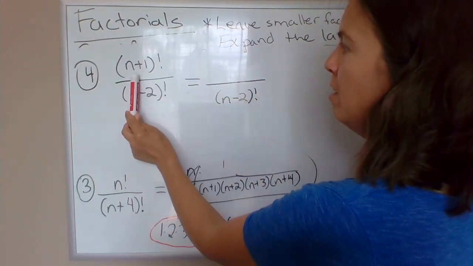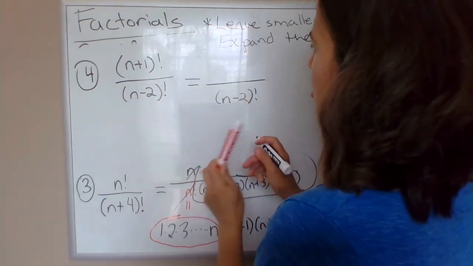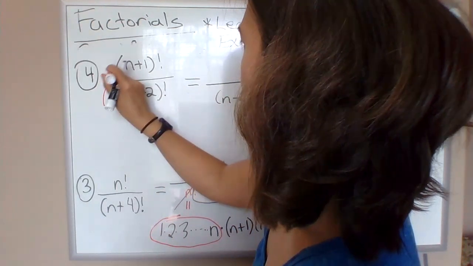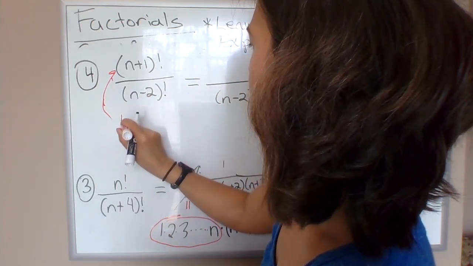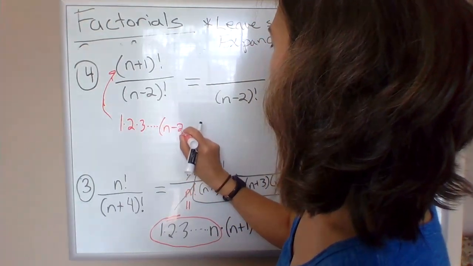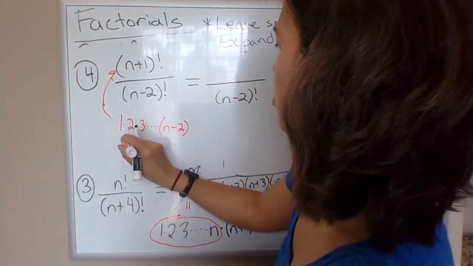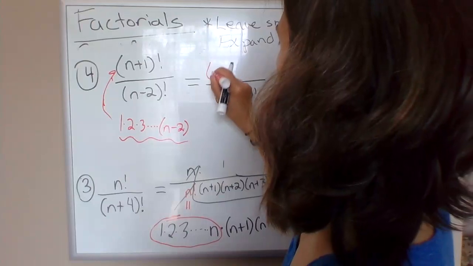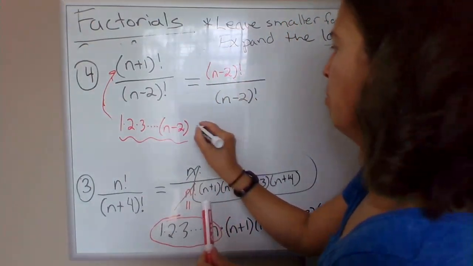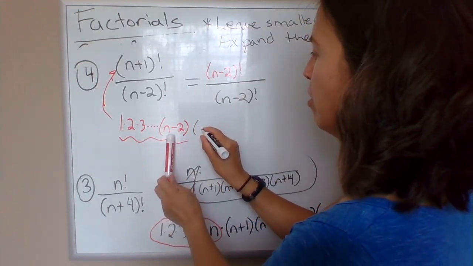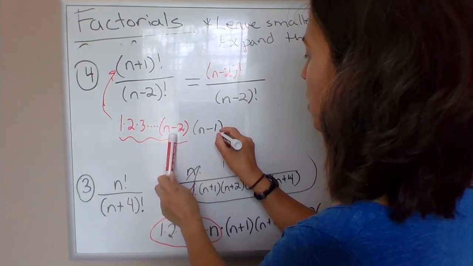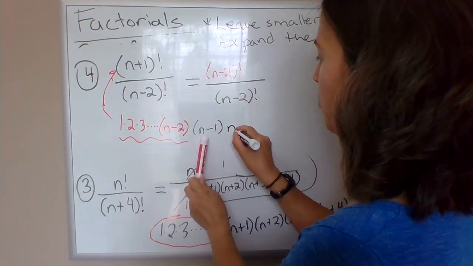If we want to expand the larger one, with this n plus 1 factorial up here, that will be 1 times 2 times 3, blah, blah, blah. Eventually you'll get to n minus 2. So this is the n minus 2 factorial times, so let's think about what would come next. What would be 1 bigger than n minus 2? Just add 1 to that, that'll be n minus 1. Add 1 to that, that'll be n.